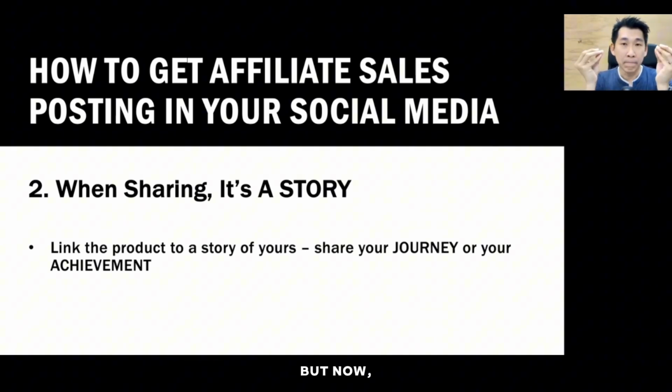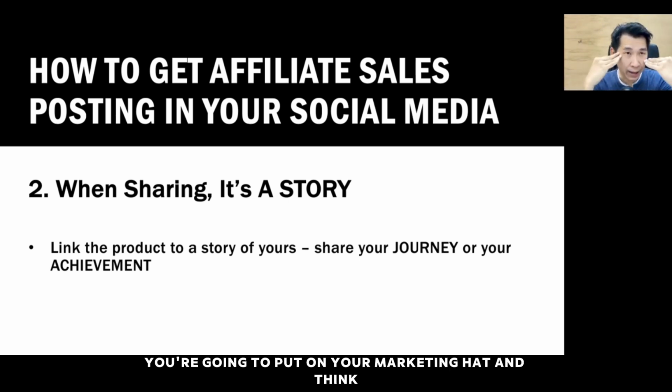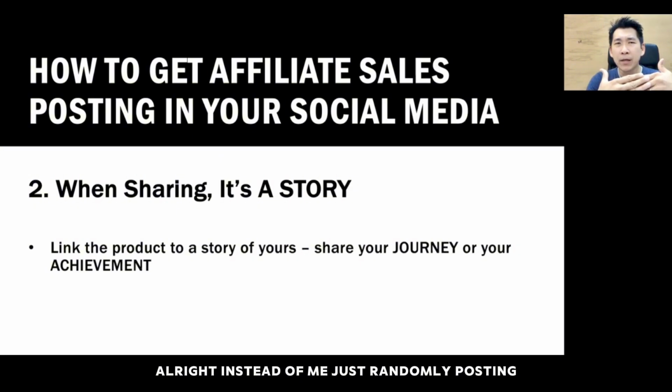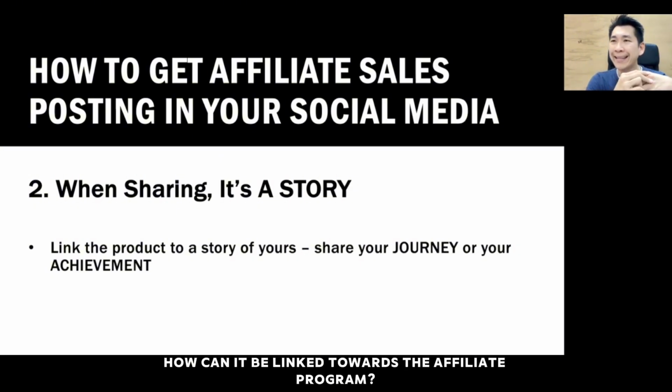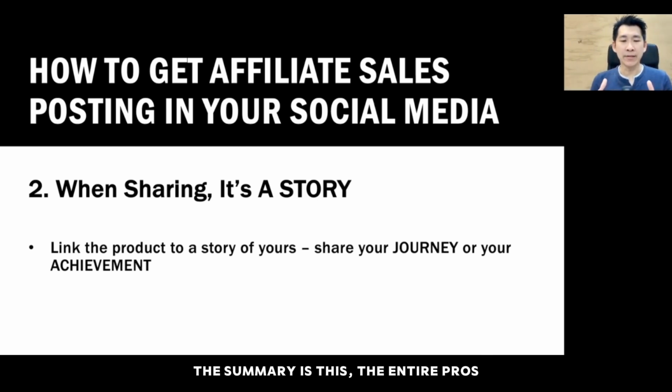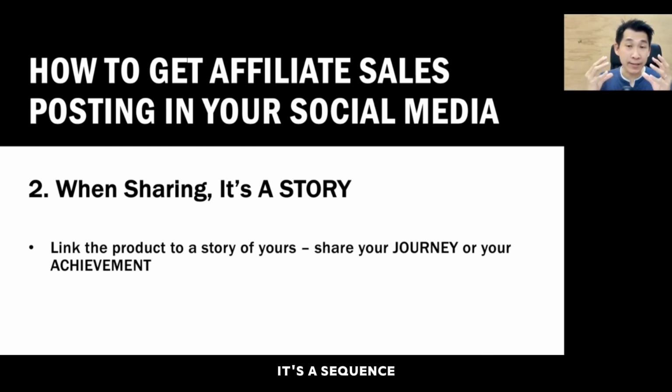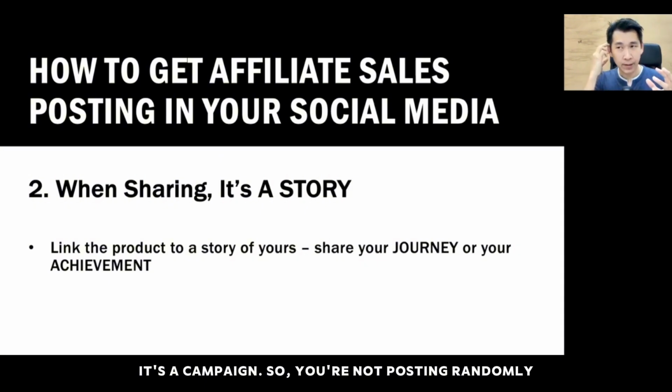But now you're going to put on your marketing hat and think, all right, instead of me just randomly posting, how can it be linked towards the affiliate program? The summary is this: the entire post is a sequence, it's a campaign.